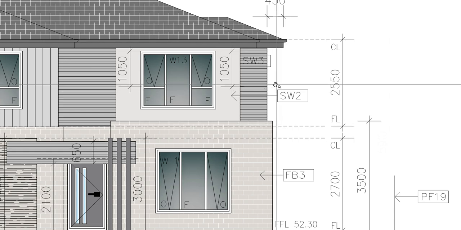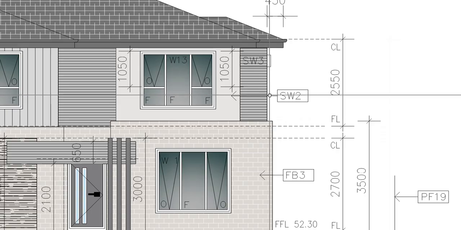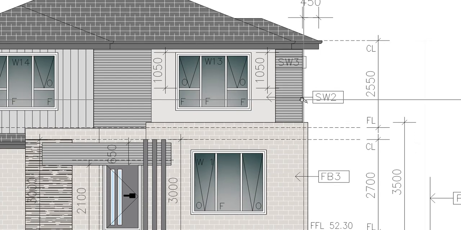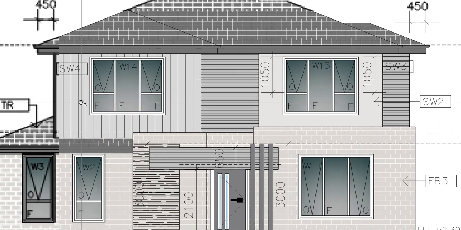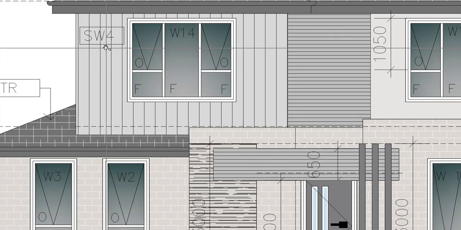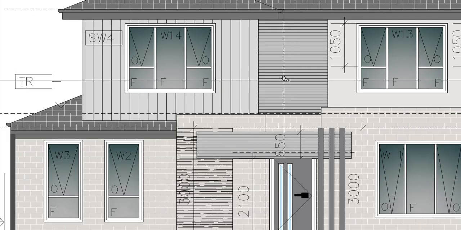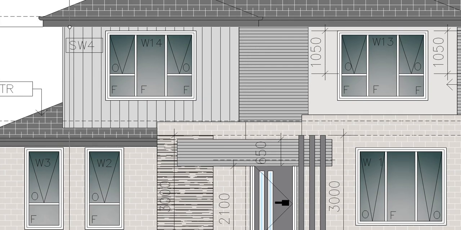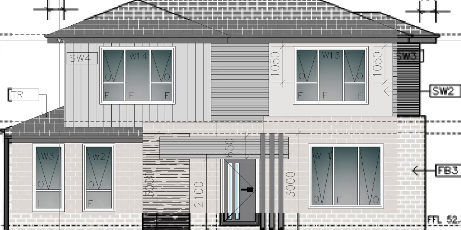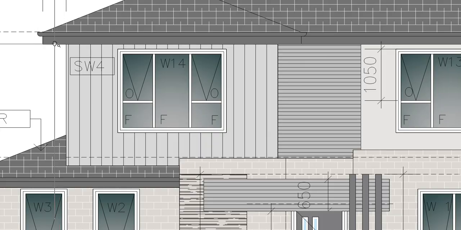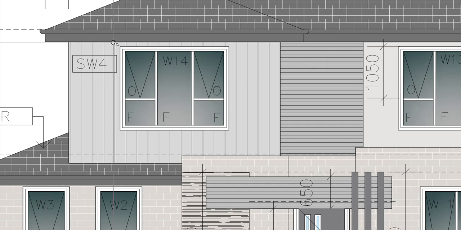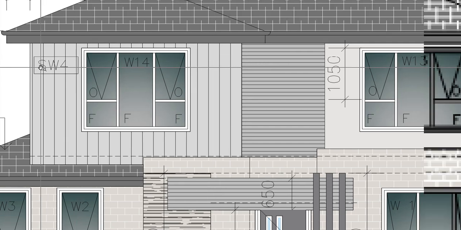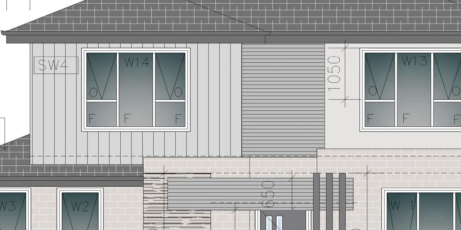But if you are using any cladding, like cable panel, or this Axon cladding or any other cladding, it is only measured in the visible part, not the part which is covered by eaves or fascia or gutter. This is the fascia. It is already covered, and the cladding will start from here.